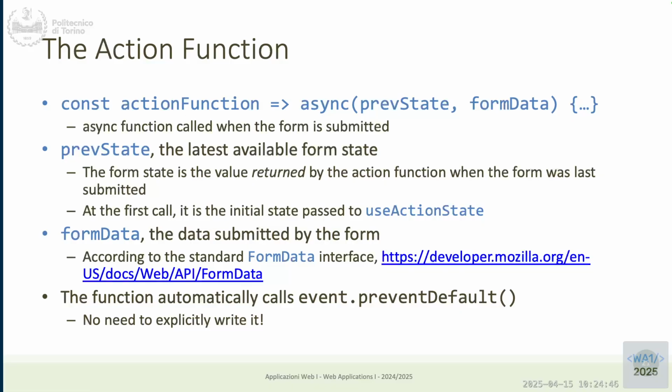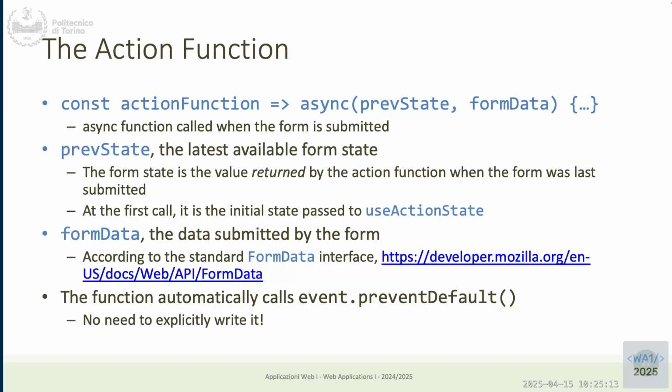It gets the form data, the data that is being submitted, and it can return a set of state variables. Normally this state is an object that contains many properties, from which the form can be rebuilt and rebuilt again every time we need to refine it or to correct some missing data and so on.